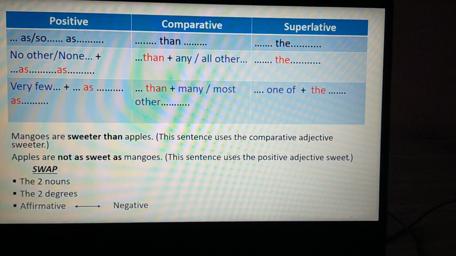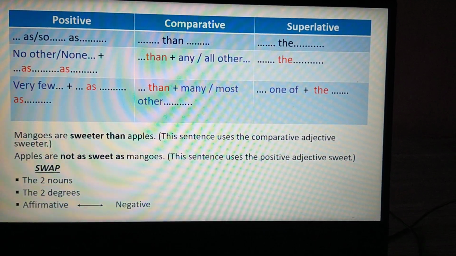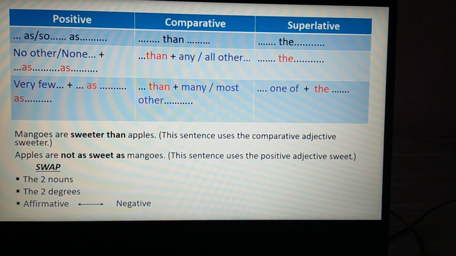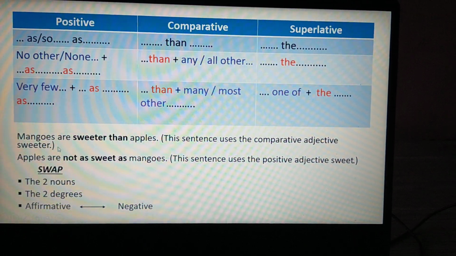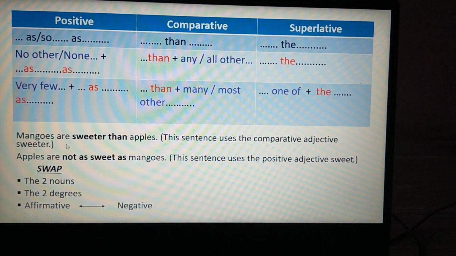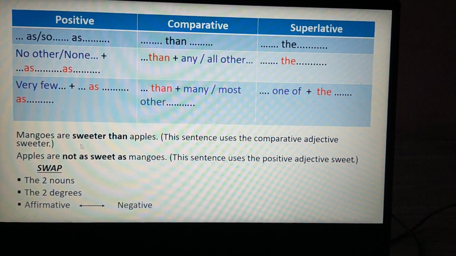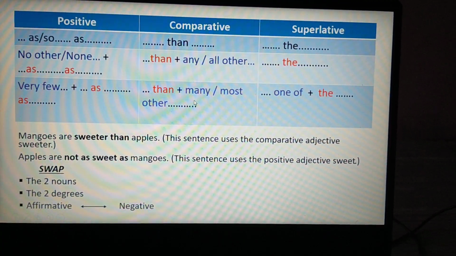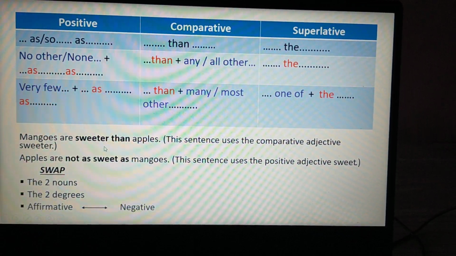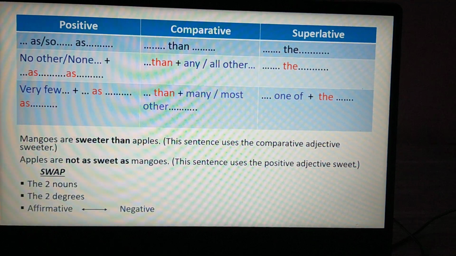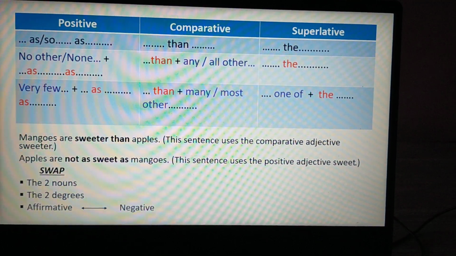And remember, whenever the sentence is given this way, for example, "mangoes are sweeter than apples", we don't have any of these, you cannot transform this sentence into superlative. Transformation of superlative degree is impossible.